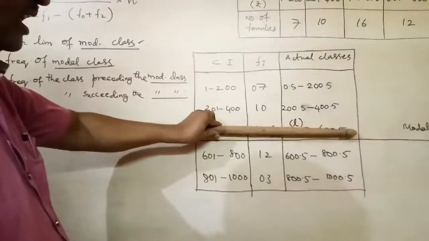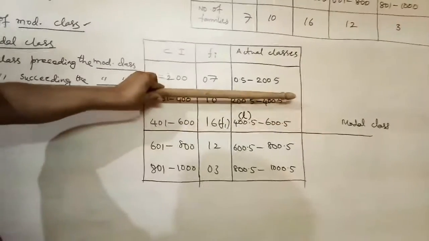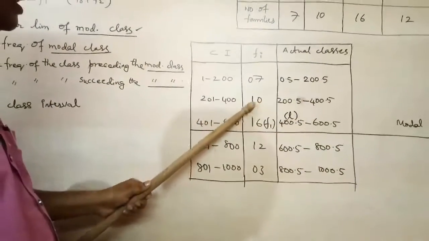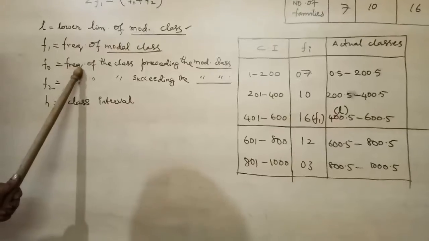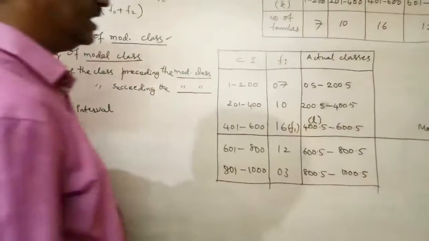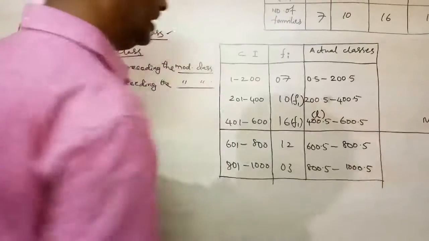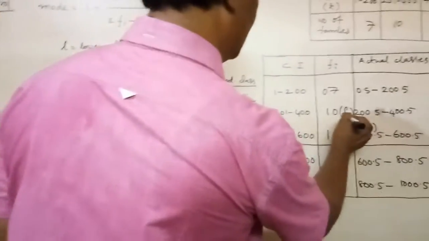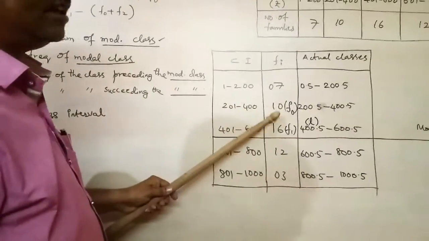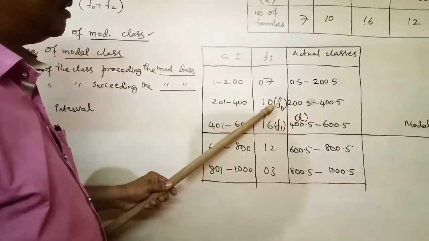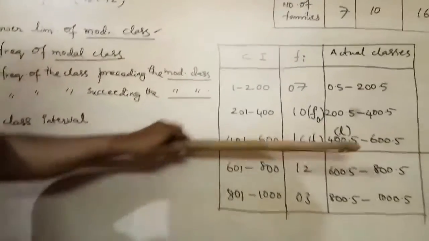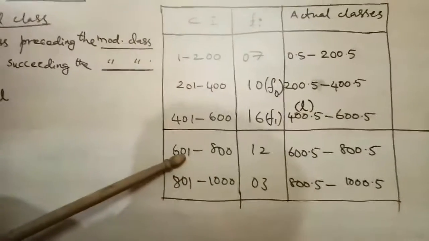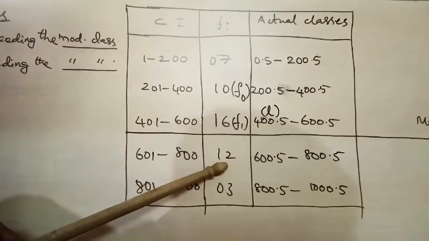F0 is the frequency of the class preceding the model class, against the class before it. After the model class we have another class, and its frequency is known as F2.